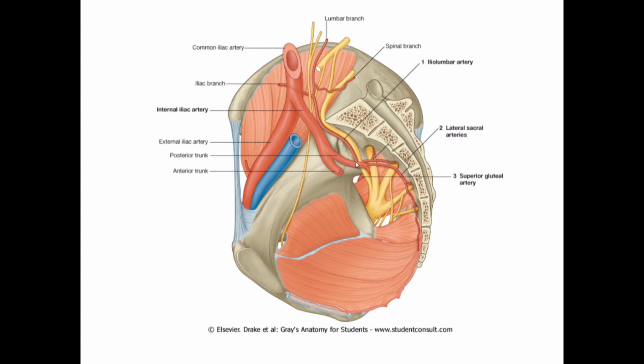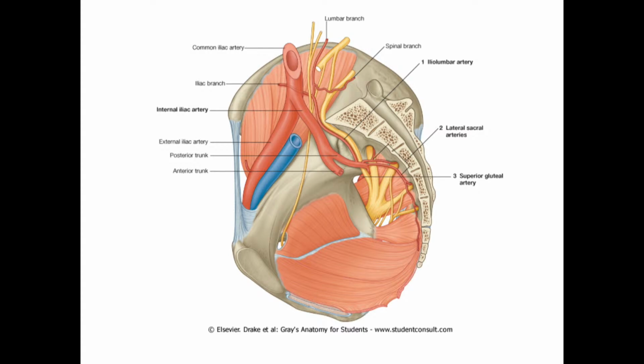On the posterior trunk, one of the branches is the iliolumbar artery, then the lateral sacral arteries in the plural form, and this small part we see here is the superior gluteal artery.